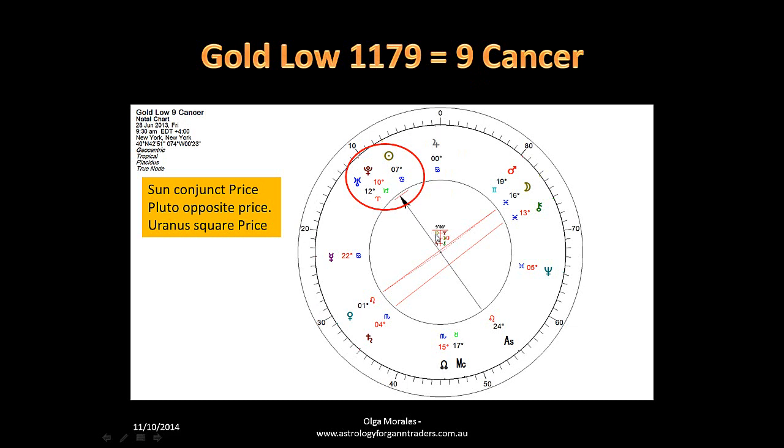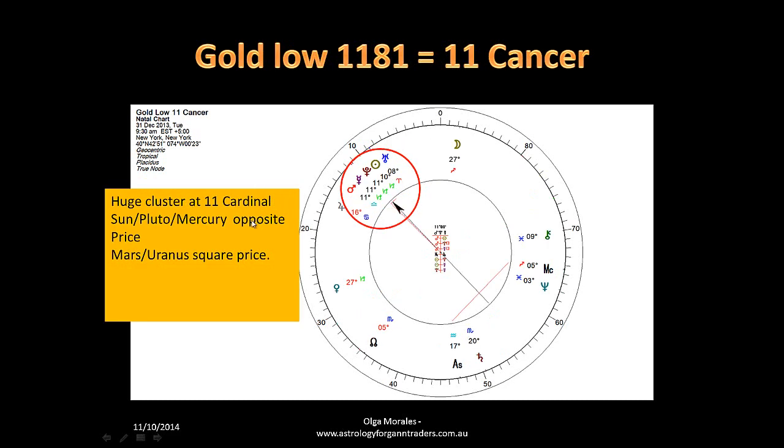It's in the midpoint of the Sun, Pluto, and also Venus, Moon, Saturn and Chiron. But what I want you to look at is that, as I said before, Uranus and Pluto are in the cardinal signs. Anytime a faster moving planet comes to that point, there's going to be some sort of change in trend. Okay, let's have a look at the next one.